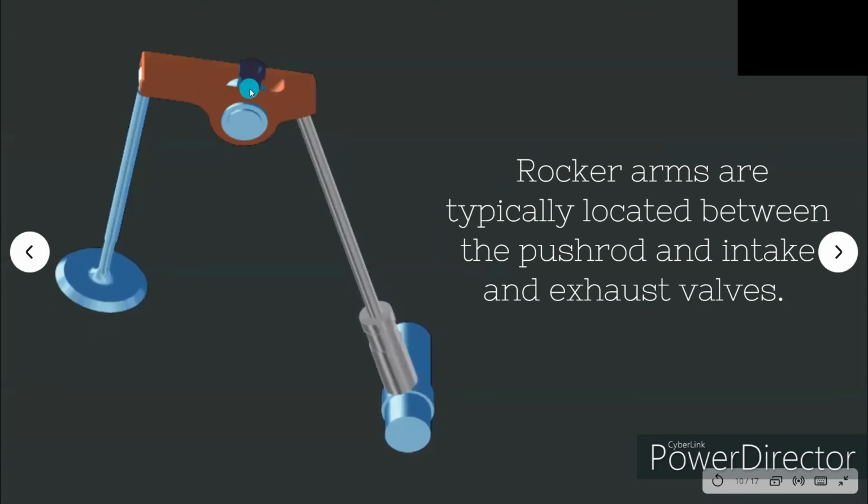Our rocker arm is designed for opening and closing the valves, and one end is fitted with the valve tip, and the other is fitted with our pushrod. So basically, that's it for our rocker arms.